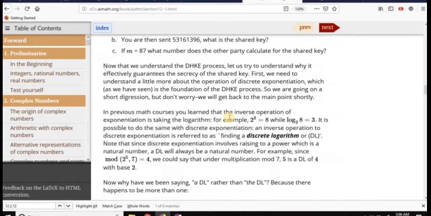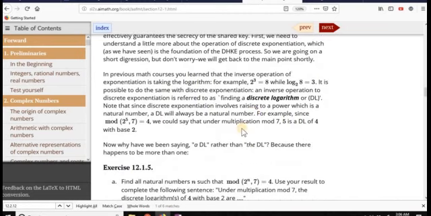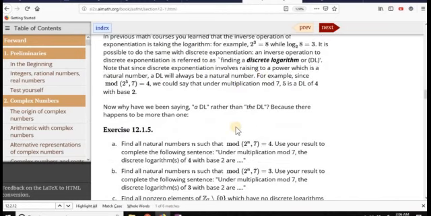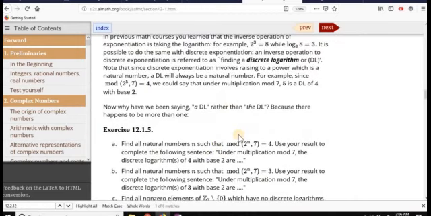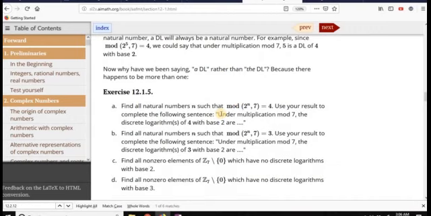So the idea here is that this so-called discrete logarithm is easy to compute, but if you know what the discrete logarithm is, it's hard to find out what it was.